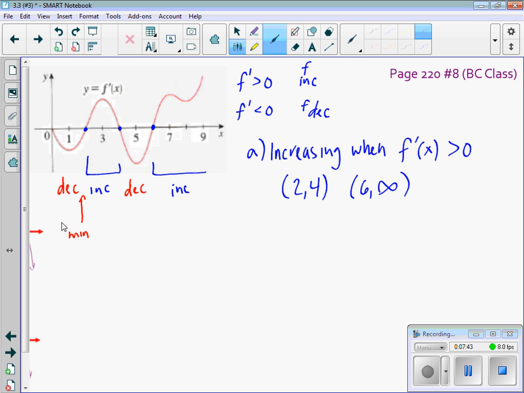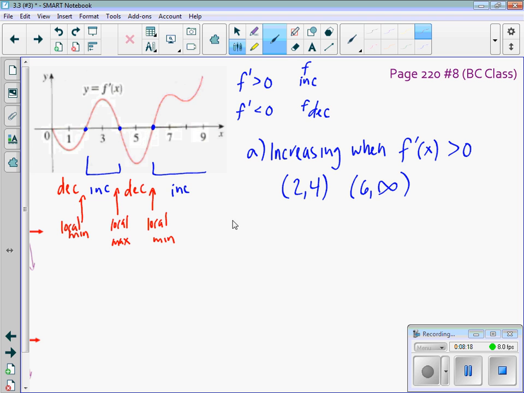Okay, and not an absolute min, so you want to write local or relative there. If you just write min, you're saying it's the very lowest point, so you're calling it an absolute min. So make sure you write the word local or relative there. And if it changes from increasing to decreasing at this spot, that's going to give you a local max. And then decreasing to increasing again, so here we've got our local min. And then it increases after that, so we don't have any more.